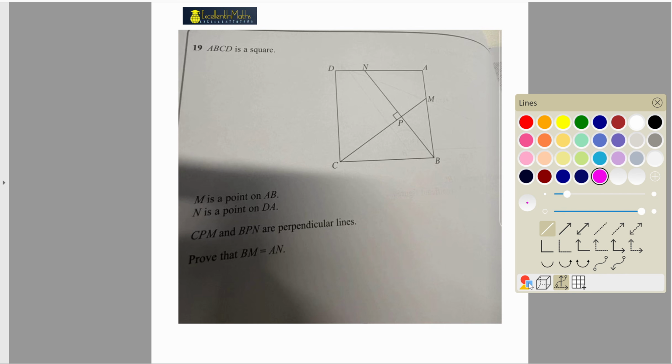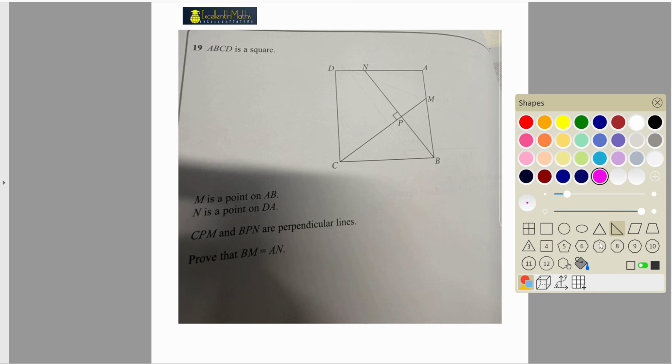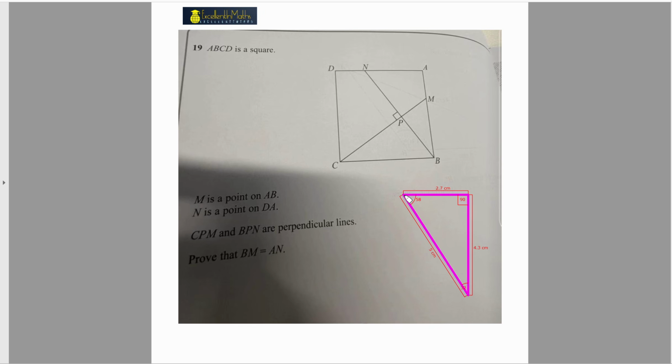What triangles I mean here is CMB, sorry, and ANB. So let us draw them here. So I have NAB.